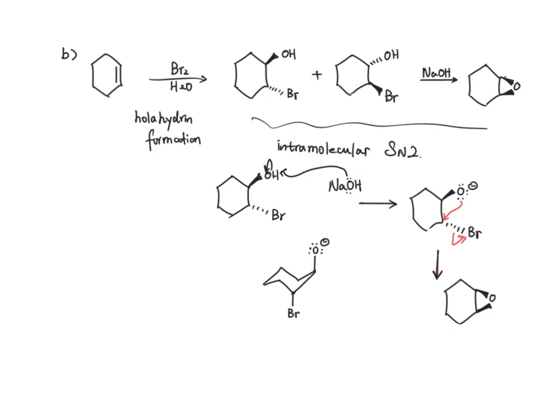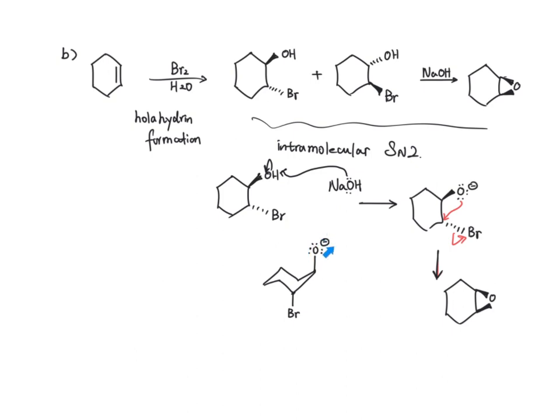So why is it not E2? Think about it: for an E2 reaction, you have the hydrogen right here that needs to be eliminated. This oxygen is too far away to grab that hydrogen to form the E2 product. In other words, the activation energy of that reaction is so high that the E2 reaction will not be favored.